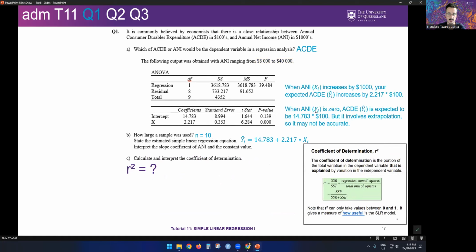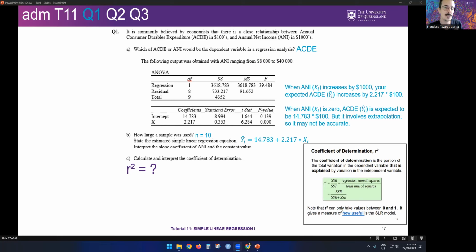Next, calculate and interpret the coefficient of determination. Here I just moved the answer, so this is not the answer for this one. Coefficient of determination is this R squared, and it explains how much of y, and in our case, y is the expenditure, is explained by income. Depending on how much income people receive, how much do they spend?